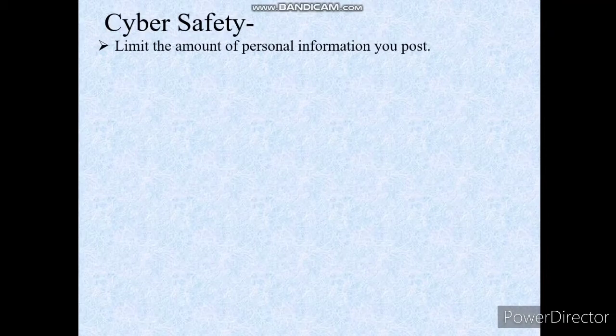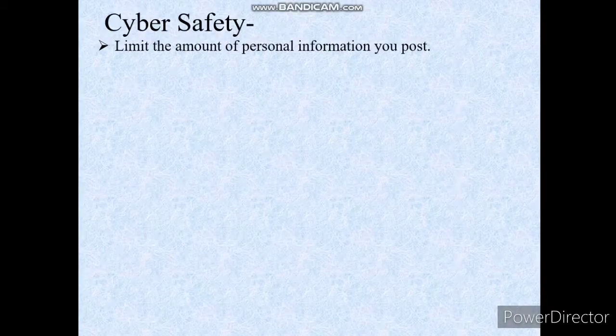Everybody can access it and use it as they want. So be very careful while posting personal information. You should know what you should post and how much you post.